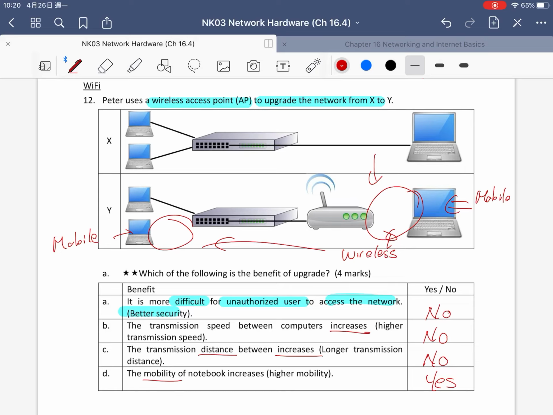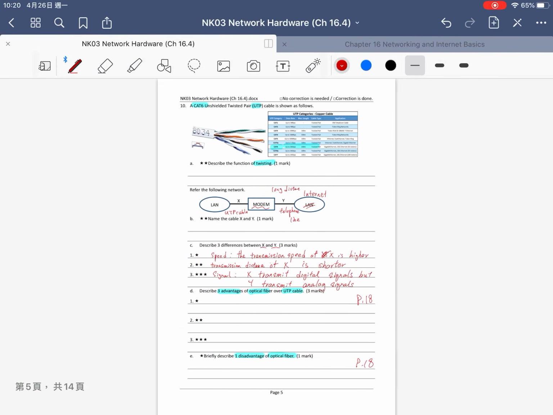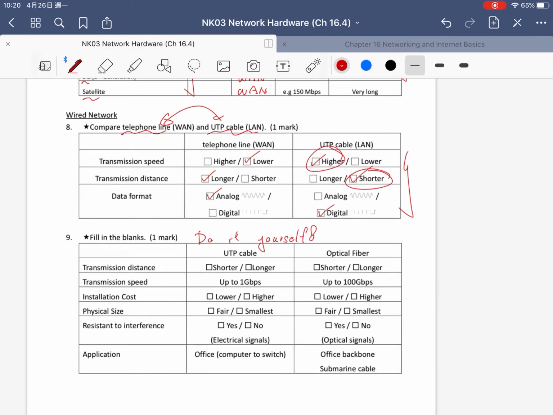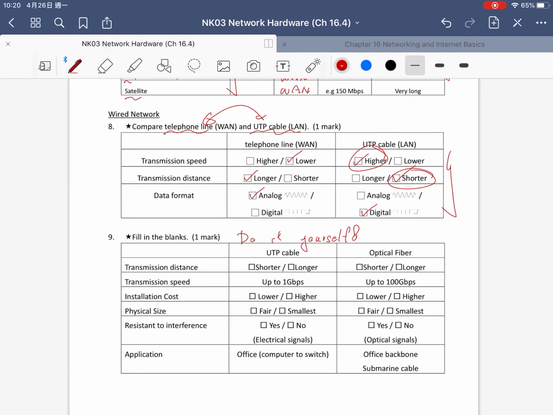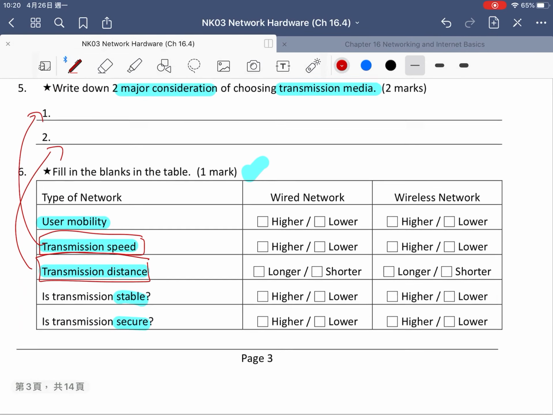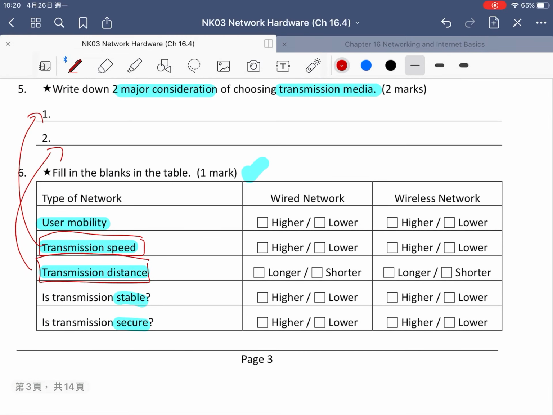We can study the comparison between the wireless and the wired signal, shown here. Mobility: wireless yes, wired no. Speed: wireless lower, wired higher. Distance: wireless shorter, wired longer. Stability: wireless lower, wired higher.